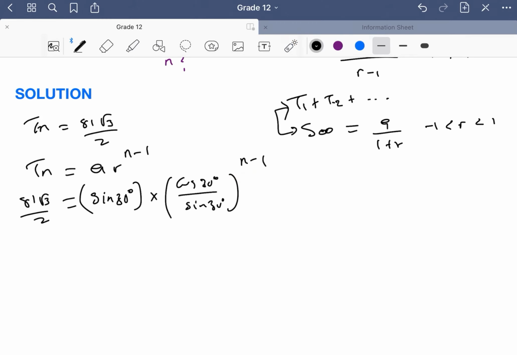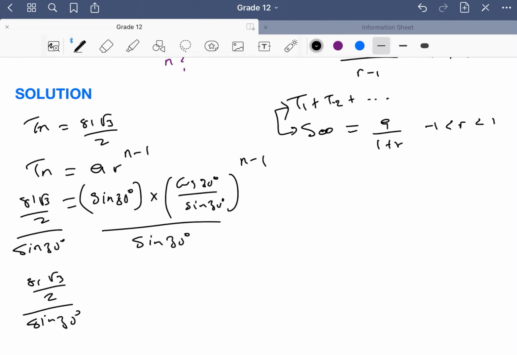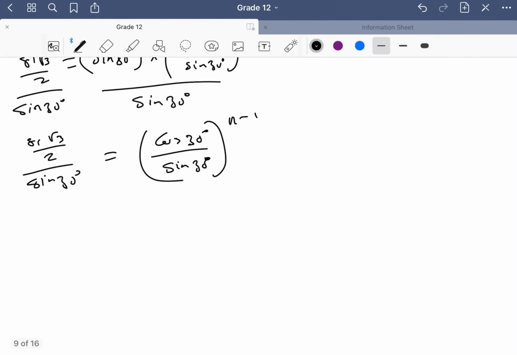So what I would do from here is divide by sine 30 degrees on both sides, because we're trying to have only this. So you have 81 root 3 over 2 divided by sine 30 degrees, which is equal to cos 30 degrees over sine 30 degrees power n minus 1, right?